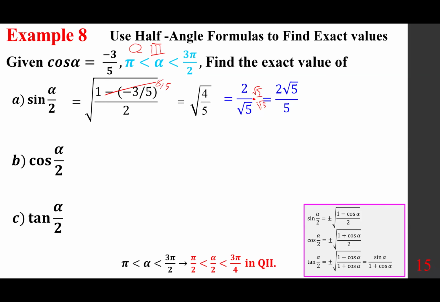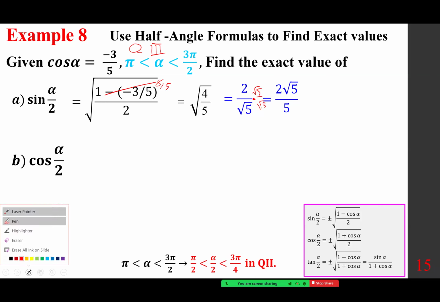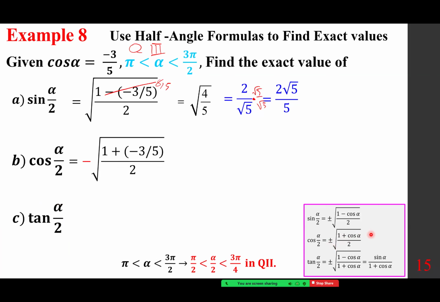Cosine definitely is negative. So you use the negative, and 1 plus cosine alpha over 2 under the radical. And this becomes 2 over 5.